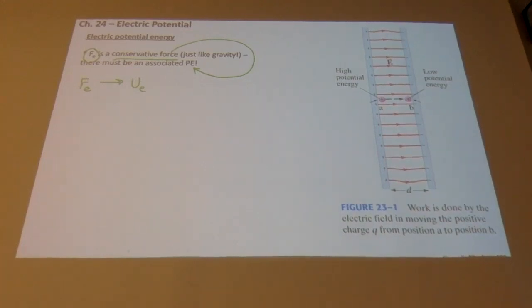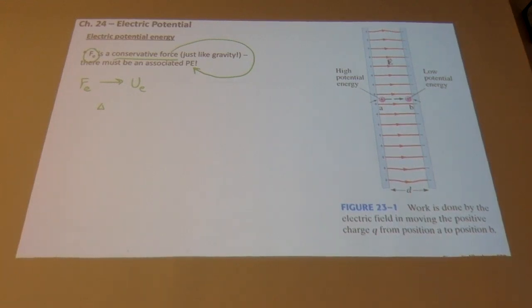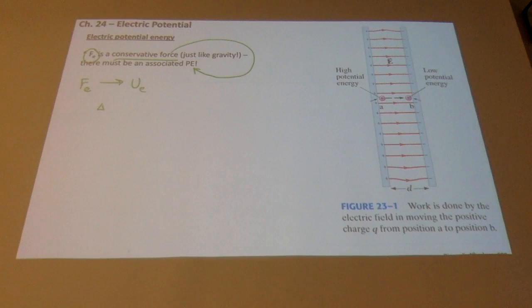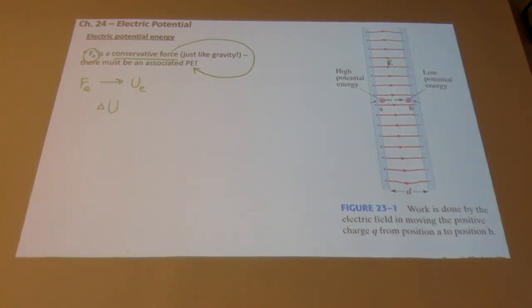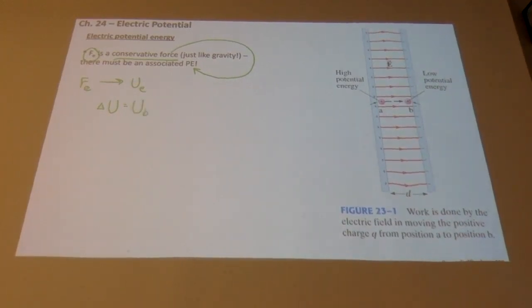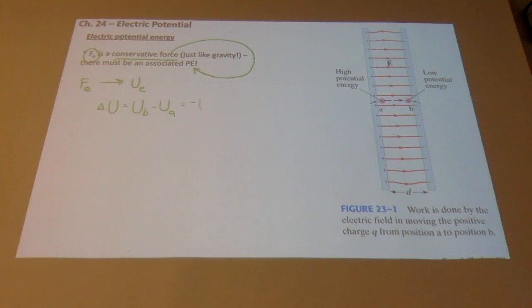So if I were looking at the change, let's see, do I want to do it that way? Yeah, let's do that. The change in potential energy, meaning the difference in potential energy, say, between two different points, is equal to the negative of the work.